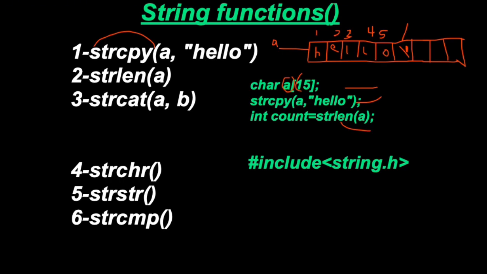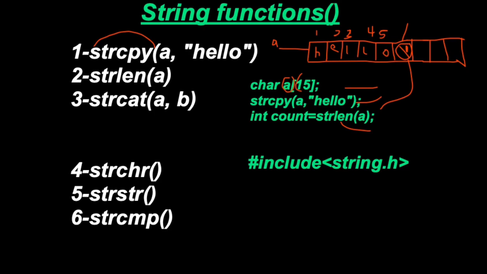This serves as a signal to this function to stop counting. Then it's going to return the number, so it's going to return 5 here.